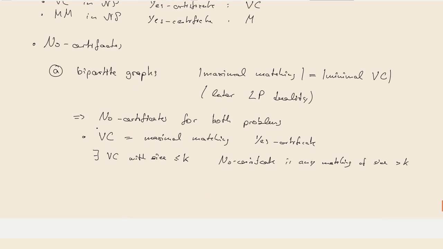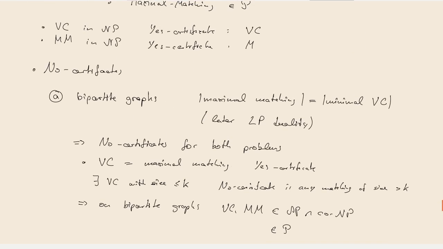And the same is true vice versa. For the maximal matching problem, we can use a vertex cover as a no certificate. That means on bipartite graphs, vertex cover and maximal matching are in NP and co-NP. And well, we actually know that they're both in P.